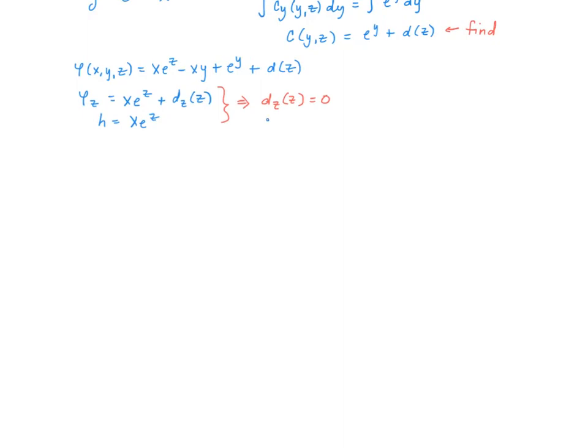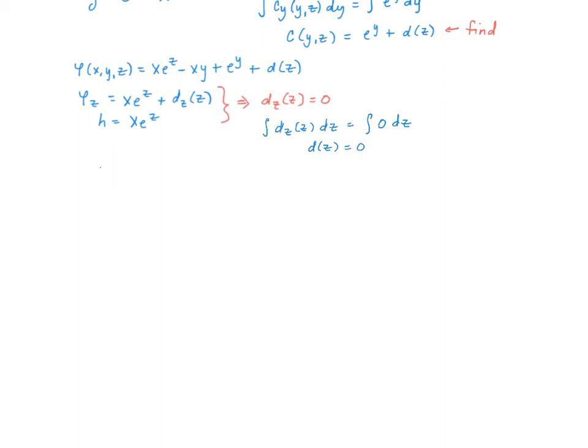What it means is if I take the integral with respect to z, it's equal to the integral of 0 with respect to z. So integrating on both sides, we get that d of z is equal to 0.